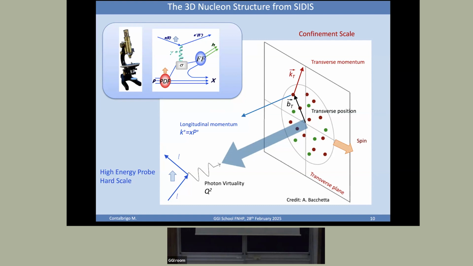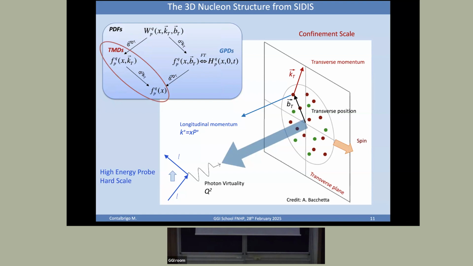So now the focus is, let's study instead the transverse degrees of freedom. These ones live at the confinement scale and can provide us some information. What we were able to do so far is to correlate the Bjorken X, which is there all the time, the probe you have, with a transverse degree of freedom that in this case will be the transverse momentum of the parton, okay?